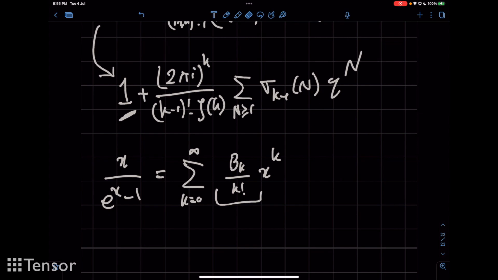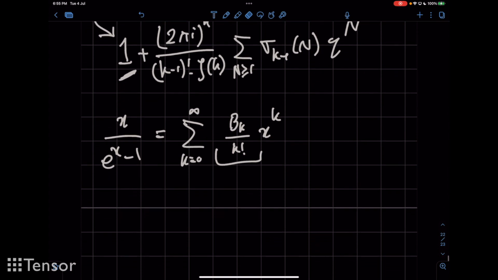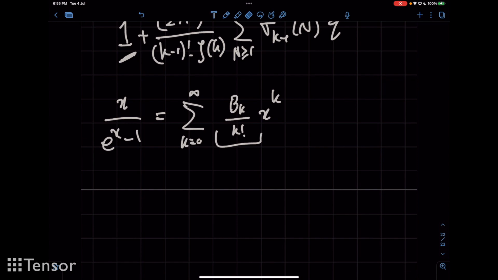And there's a really cool formula of the zeta function involving the Bernoulli numbers that Euler proved. So, Euler's formula. Right? There are so many Euler's formulas.